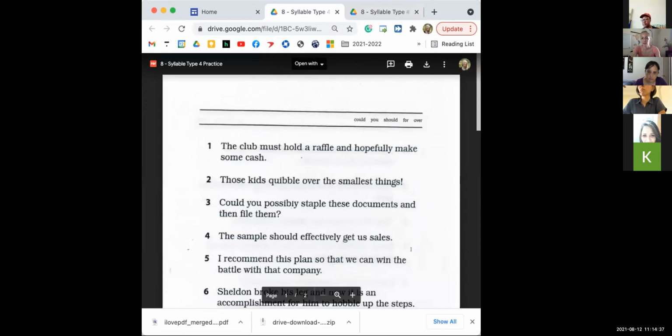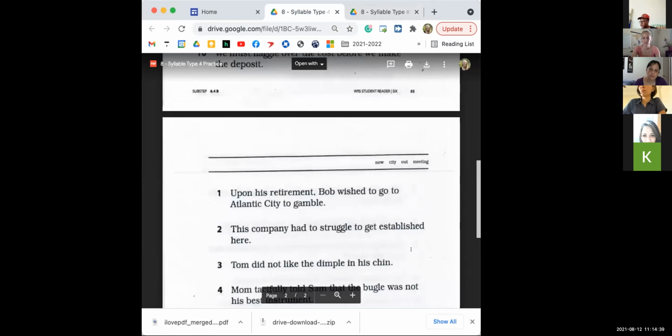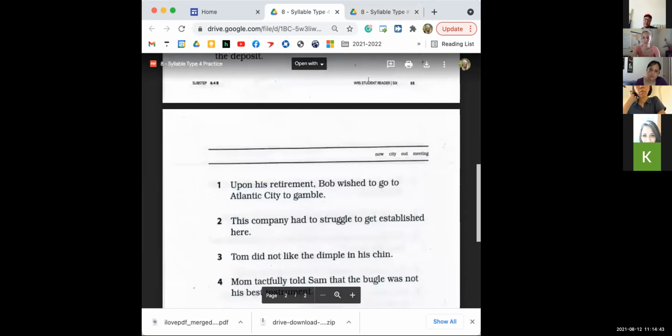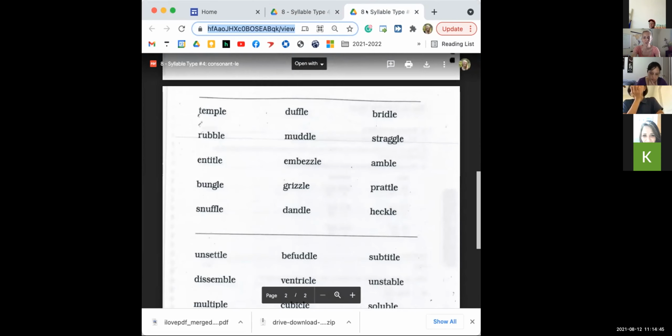And then in our next activity, we have some sentences using the consonant-LE. So we're going to start first with the words, and then I'll share the link to the sentences for you to read together. All right. Okay, this is just one page, so we'll just take a couple of minutes to read, and then we'll read some of them together.